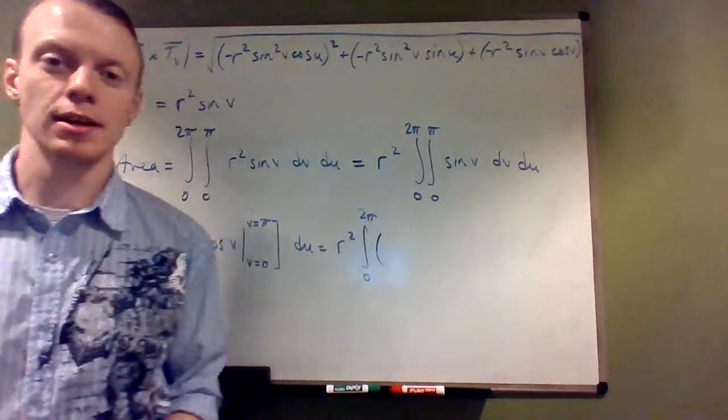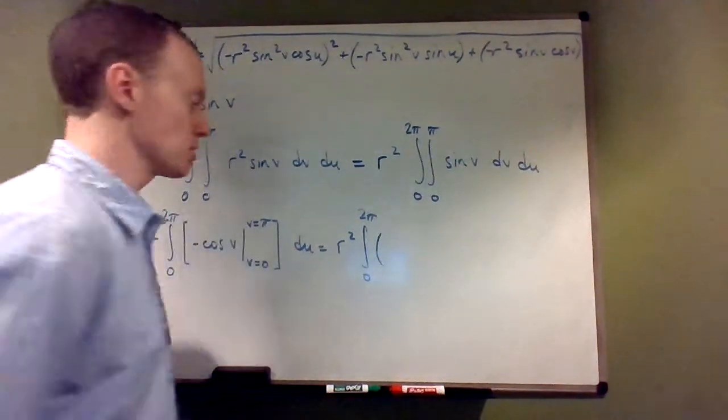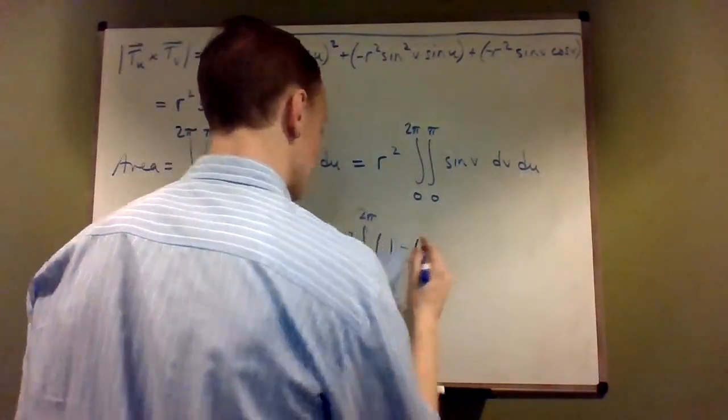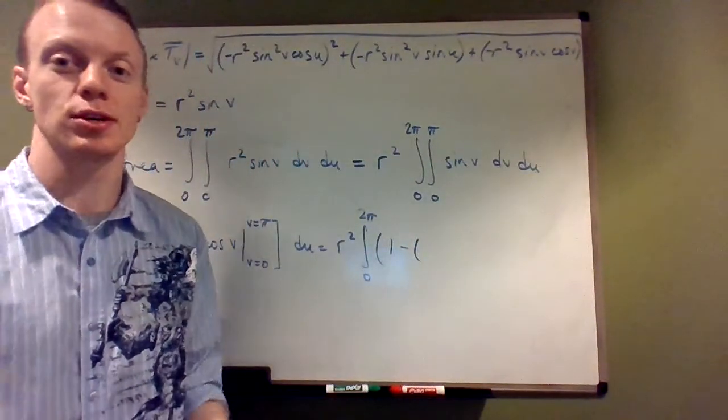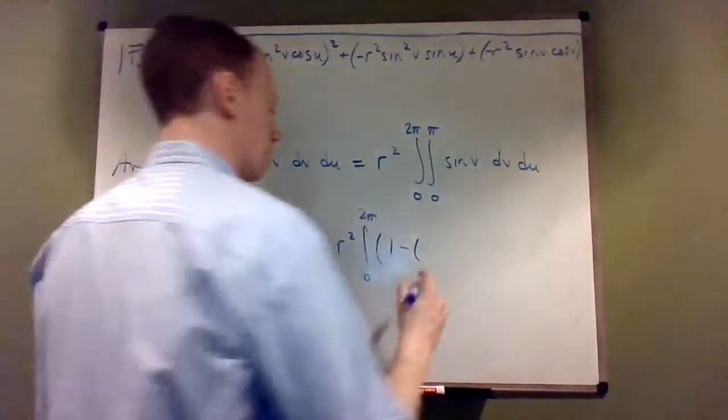If we plug pi in for v, we get minus the cosine of pi, which gives us a positive 1. Minus, if we plug in 0 for v, minus the cosine of 0 is a negative 1.